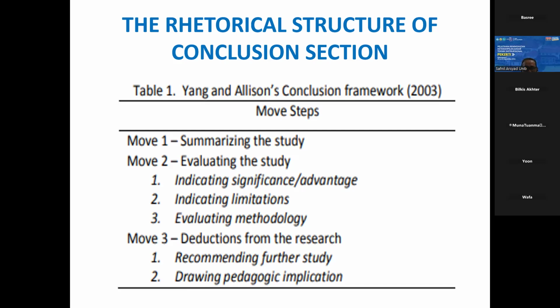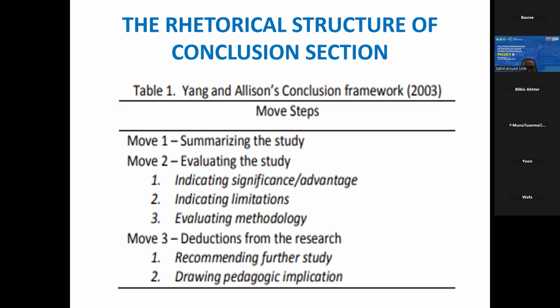It is clear that we summarize, we restate the important findings of our study, referring to the research question. If we have many findings, we have to choose the important findings and the interesting findings only.